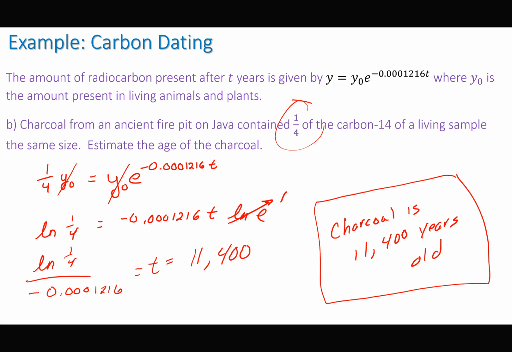Okay, so this is all off of exponential functions, solving for an unknown, but being able to solve for that k or the t based on the data that's given to you.